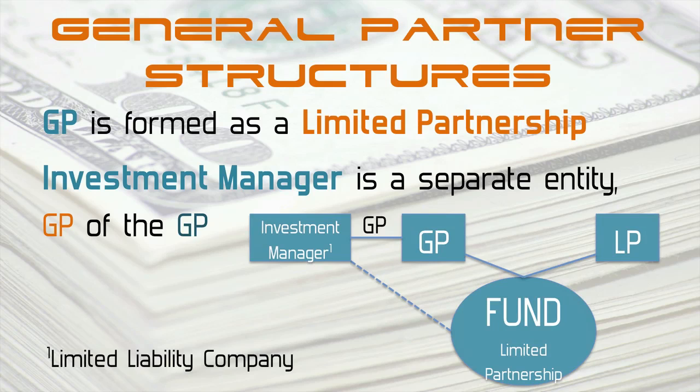The dotted line between the investment manager and the fund represents a contractual relationship between the two for the investment manager to provide investment services such as sourcing transactions, negotiating the deals, performing due diligence, closing transactions, and then doing portfolio management.